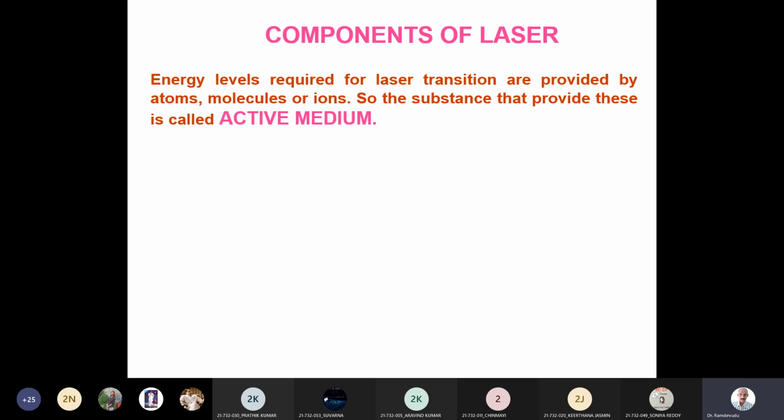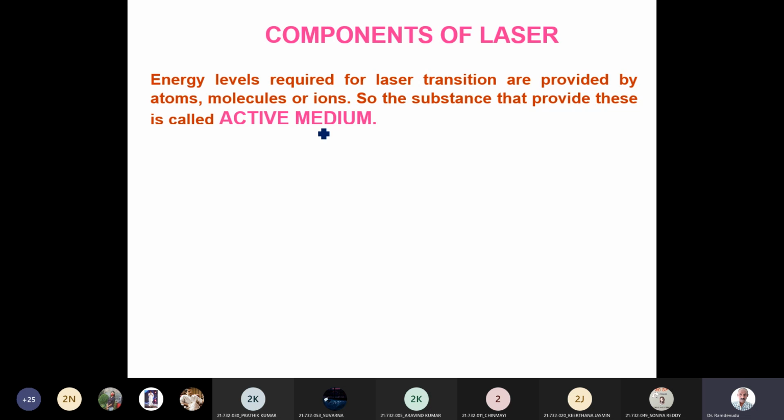Therefore, a material having atoms, molecules, and ions provides the energy levels. The energy levels required to have population inversion and to get stimulated emission are important. Therefore, the atomic or molecular energy levels that provide the laser transition, and the substance made by atoms, molecules, or ions, is called an active medium.